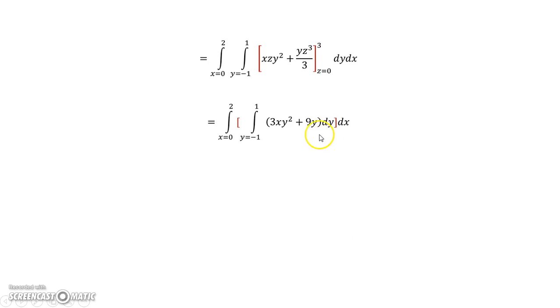Now we have a new integral with respect to y here. So we do the integral of 3xy squared plus 9y, straightforward. You get this expression here, and then substitute the limits of y equal -1 to y equal 1. Substitute your limits, you get a new integral. It will take you a little bit of time to simplify this. Put 1 and you will see how stuff is going to go together.